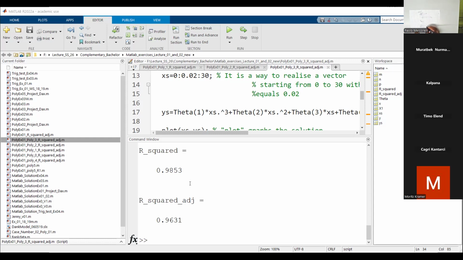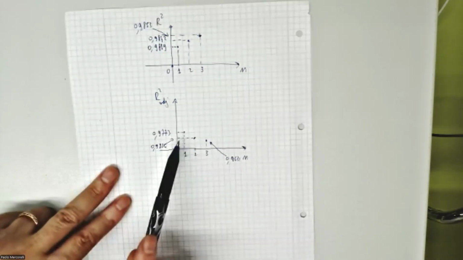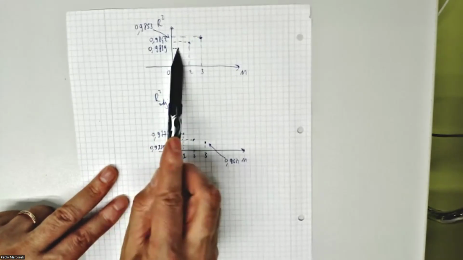This means it's decreasing. The situation is this one. Here it is still decreasing, and here it is still increasing.